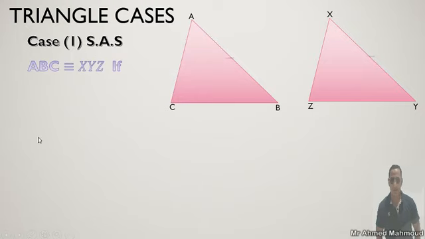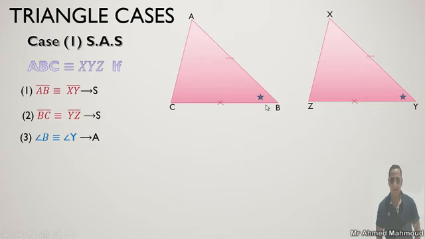For example, here we have AB congruent to XY. AB is a side and XY is a side. Number 2, BC congruent to YZ. BC side congruent to YZ side. Number 3, angle B congruent to angle Y.